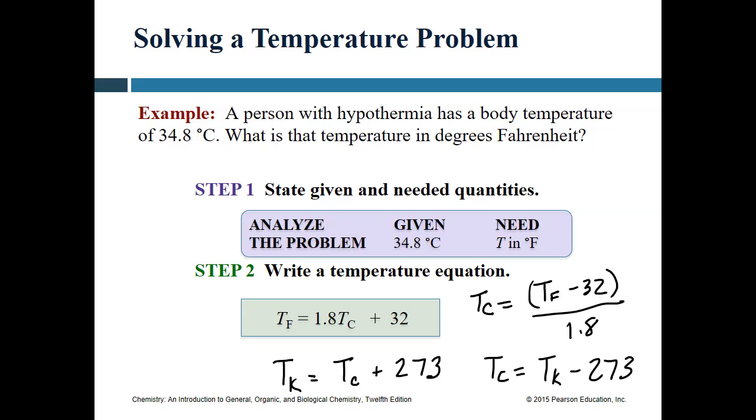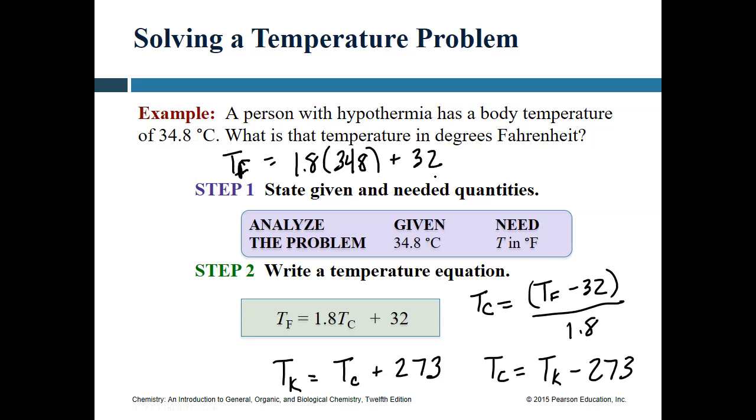And so when it comes to answering this kind of problem here, 34.8 Celsius, what is that in Fahrenheit? Well, with this equation now, I can do that calculation. Fahrenheit is equal to 1.8 times 34.8 plus 32.